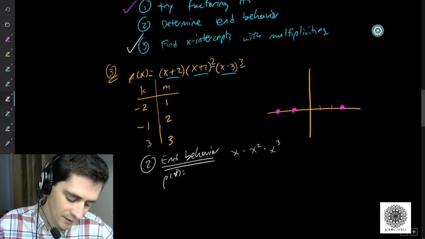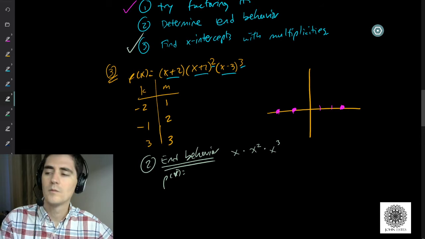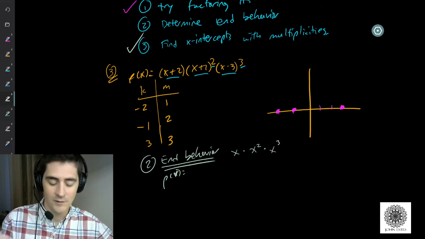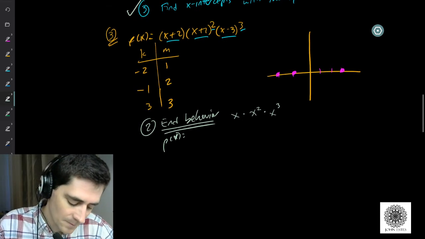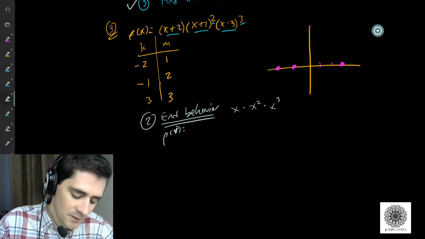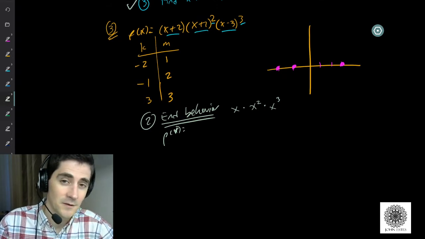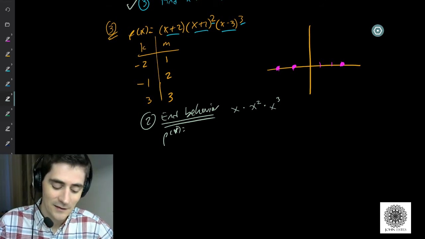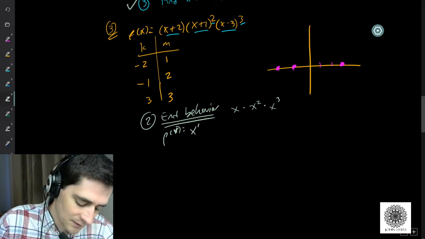So when I multiply it out, when I reverse factor it really, p of x, the first term is going to be x times x squared times x cubed. Remember, we add the exponents, so that's going to be x to the 6th power plus some stuff.